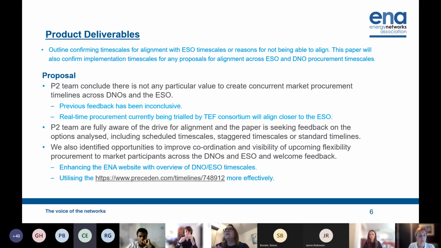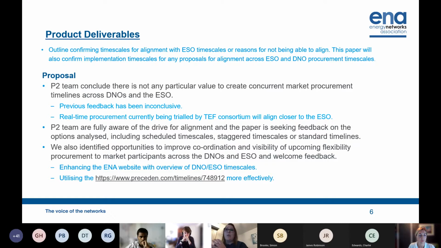The key objective of P2 this year was to look at what alignment we could achieve between ESO timescales for procurement and DNO timescales for procurement, and look at the possibility of alignment, and if there were reasons that we couldn't align, what those reasons were.